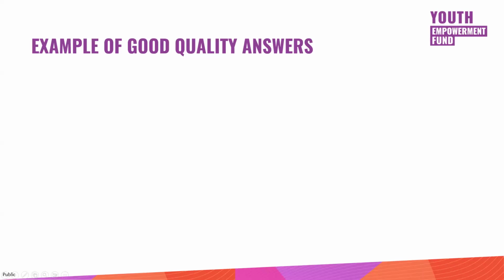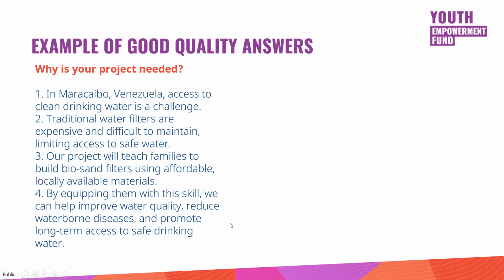So, an example of a question is, why is your project needed? And a good sample answer is, in Maracaibo, Venezuela, access to clean drinking water is a challenge. And you see how the answer is written in number form, right? So number 2, it explains more about the difficulty, right?